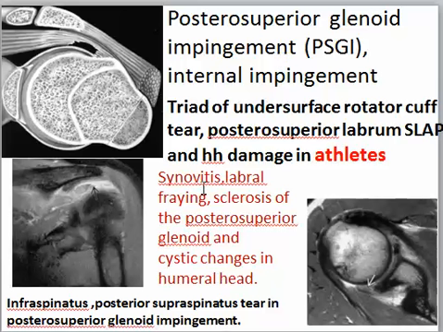Here you get synovitis, labral fraying, sclerosis, and cystic changes, all starting from the superior and related part of the bone of the humeral head, and the superior labral and related part of the humeral head.